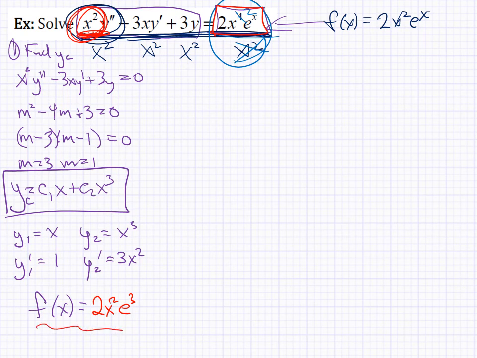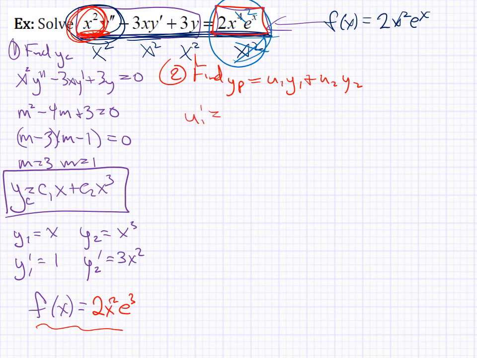All right. So now our second step is to find y sub p, in which case y sub p is u1 y1 plus u2 y2. And we find u1 by first finding u1 prime.